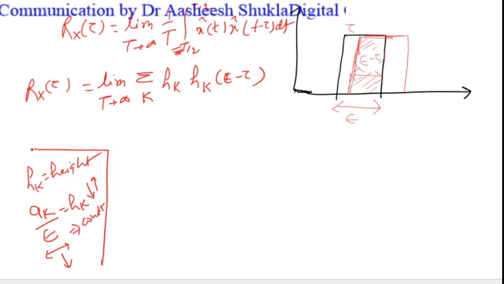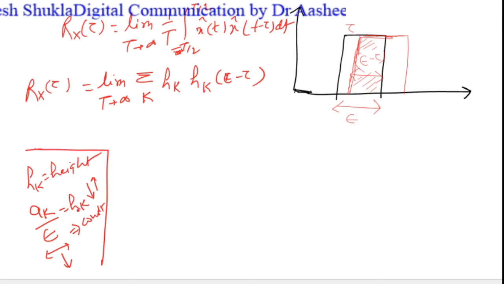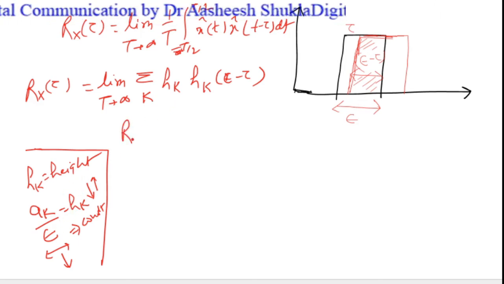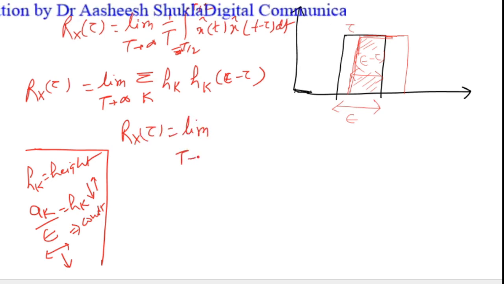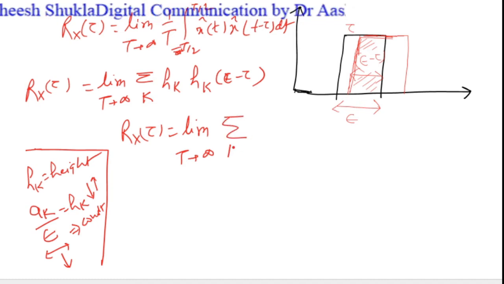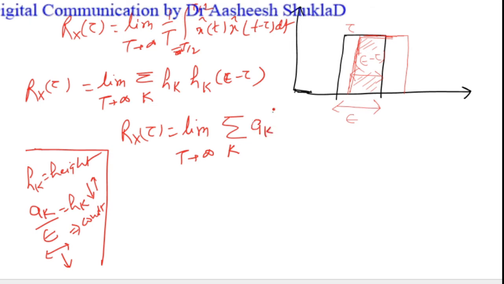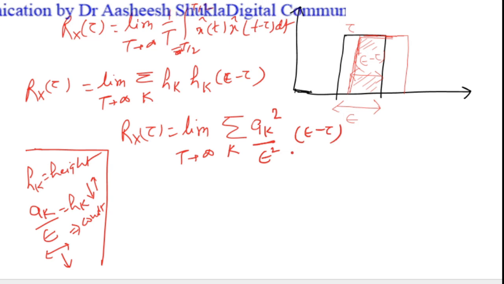Now you can see that h_k can be a_k upon epsilon, so we can just put the value of h_k in this equation. Further, R_X(tau) can be written as limit T tending towards infinity, summation over k of a_k squared upon epsilon squared into (epsilon minus tau), right?